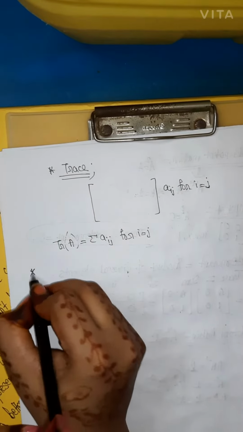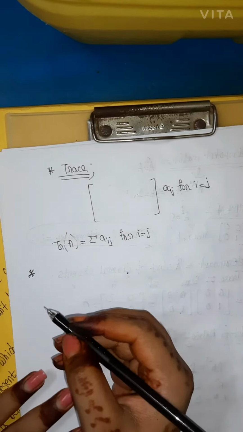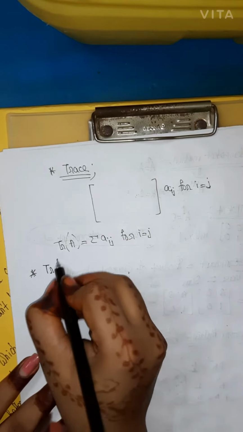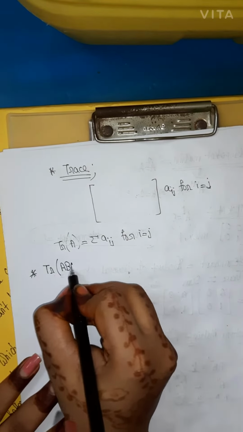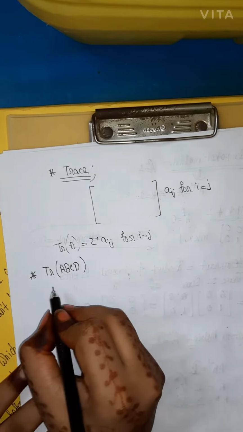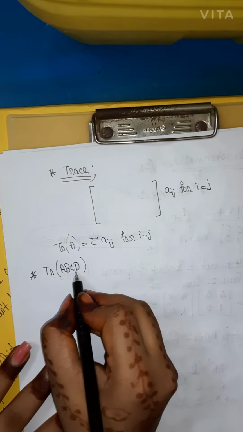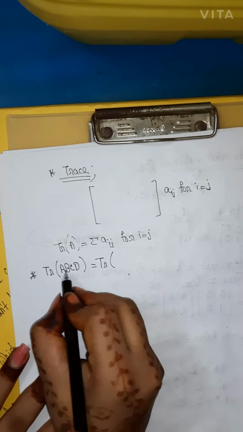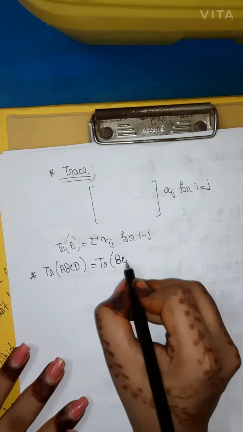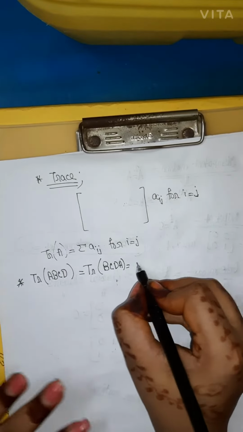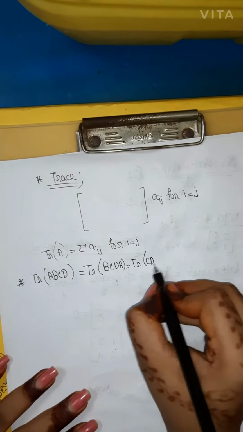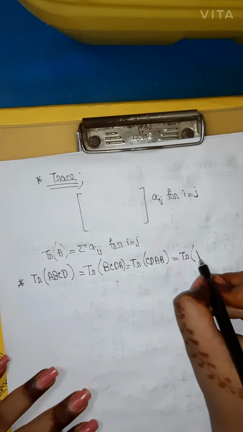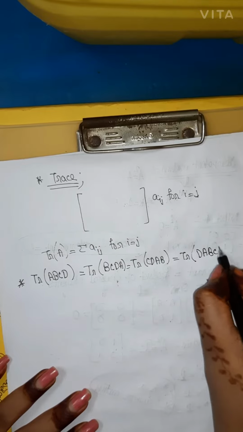One important property, from which we had questions in previous years: trace of ABCD, where A, B, C and D are all matrices, will be equal to trace of BCDA, going cyclically, which is equal to trace of CDAB, which is equal to trace of DABC.